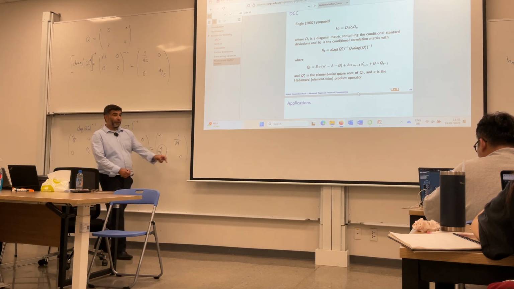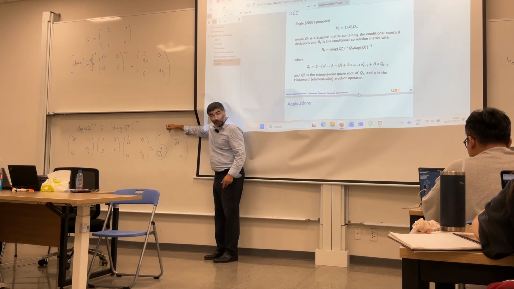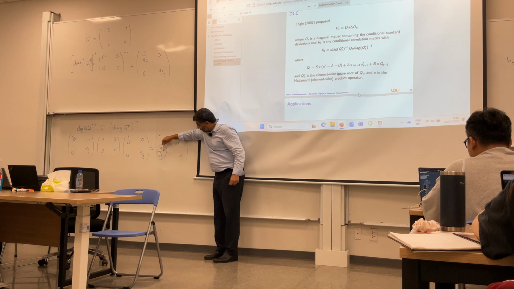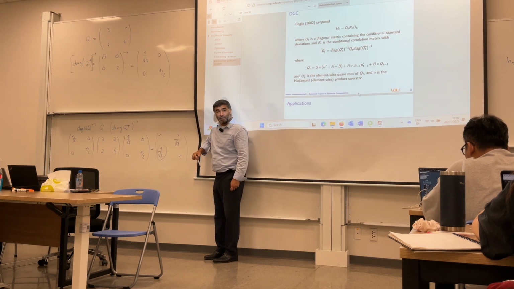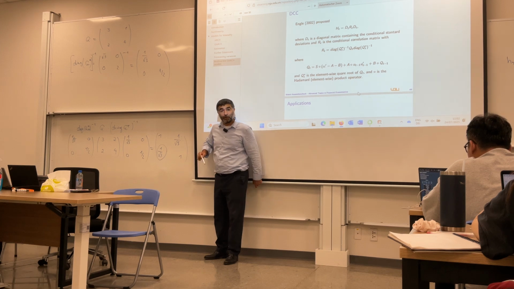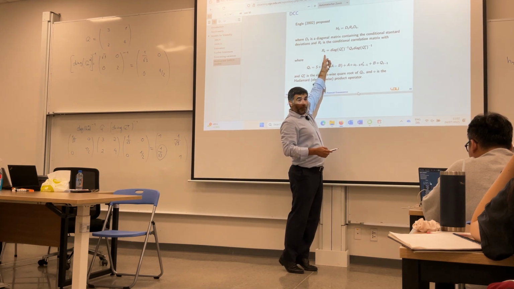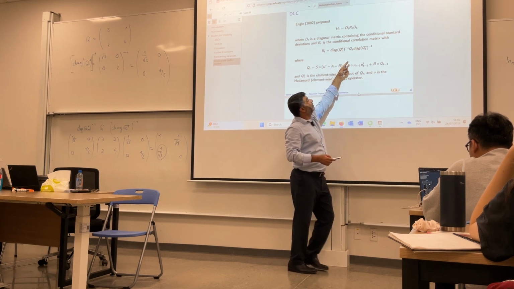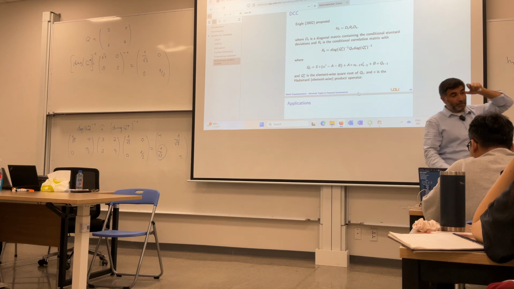So if I had a covariance matrix, this transformation makes the off-diagonals correlations. So this is a correlation matrix. R is a correlation, simply because we normalize Q_t with the square root of the diagonal elements.